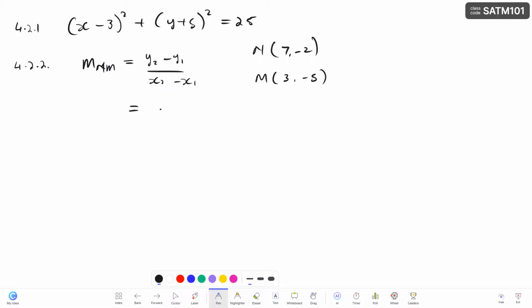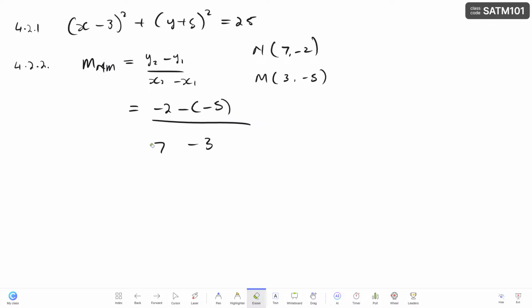So here you're going to say -2 minus -5, divided by 7 minus 3. So this one is going to give us what? It is going to give us 3 over 4. So that's our gradient. So that's the gradient of the radius.